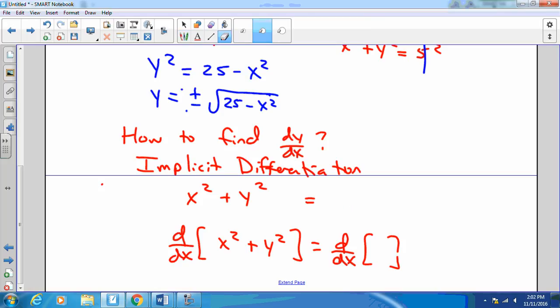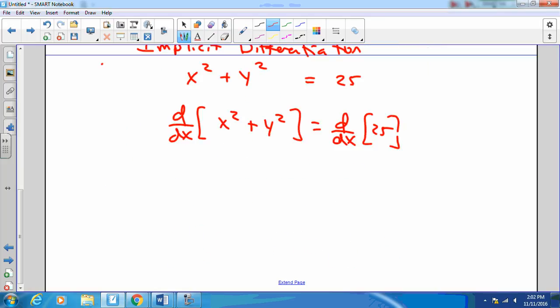If x squared plus y squared is 25, then the rate of change with respect to x of x squared plus y squared must also equal the rate of change of 25. See? Simple logic.